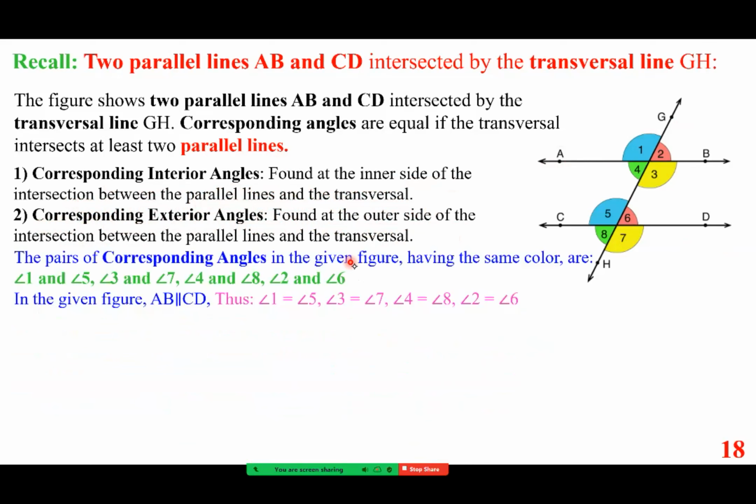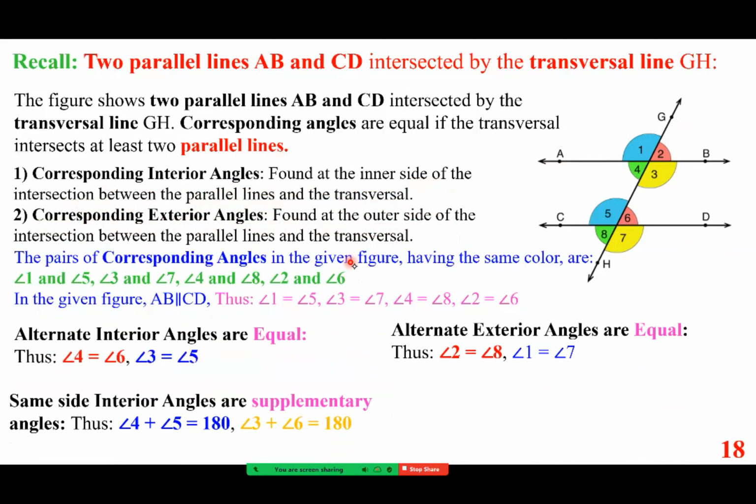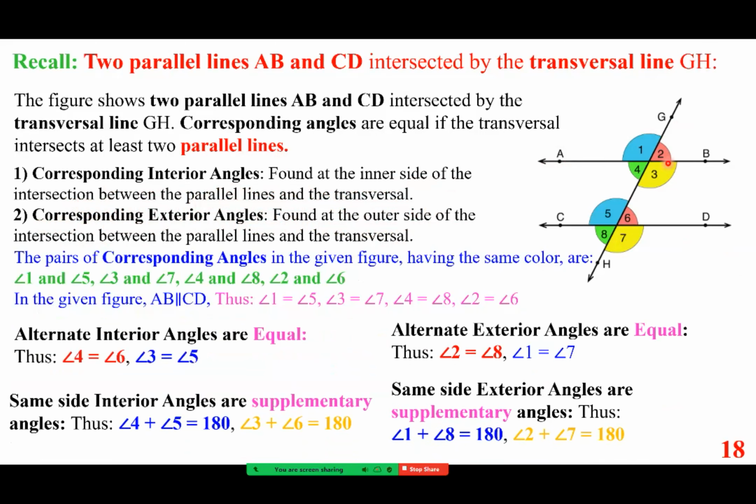I wanted to remind you. So as far as the rest of this, what I want to explain is this. If you just look at it, you can see that these two are equal. These two are equal. These two are equal. These two are equal. 1 and 5 are equal. So it's easy to see what angles are equal.